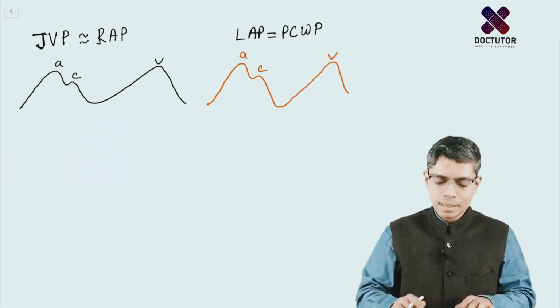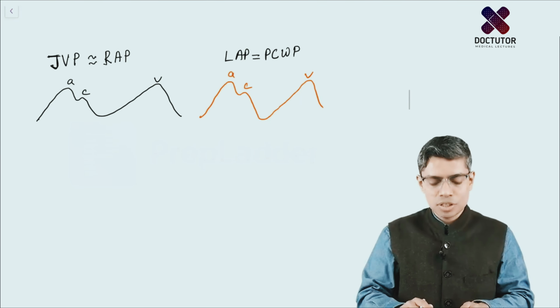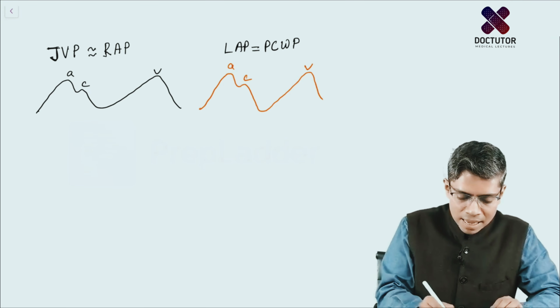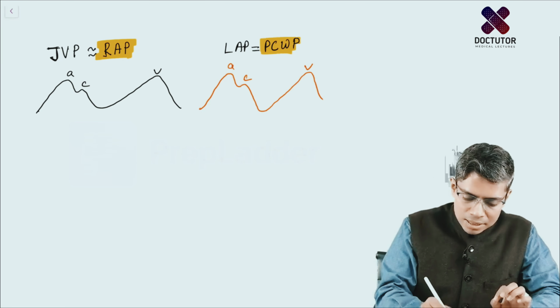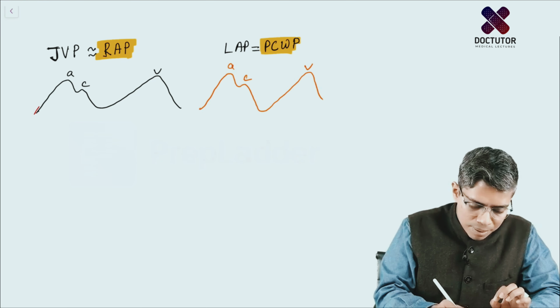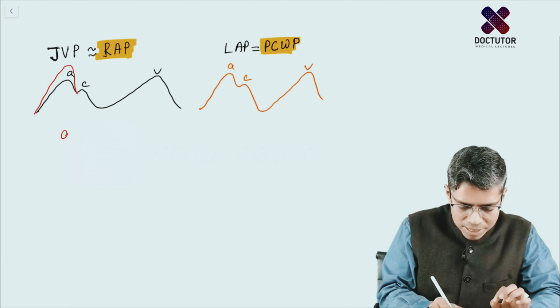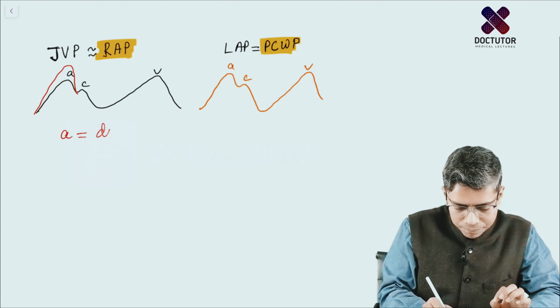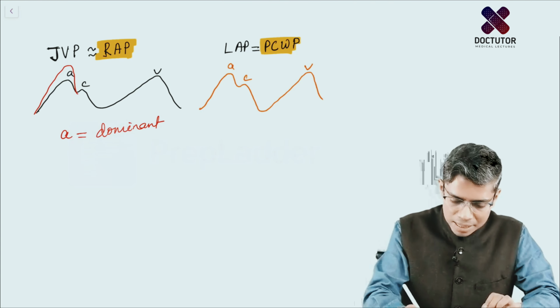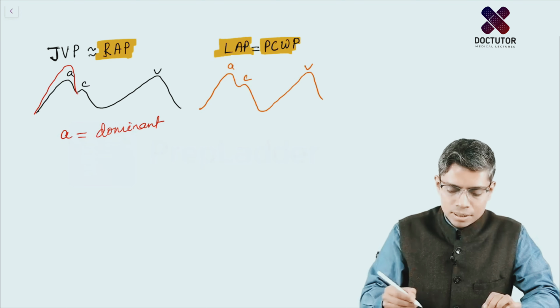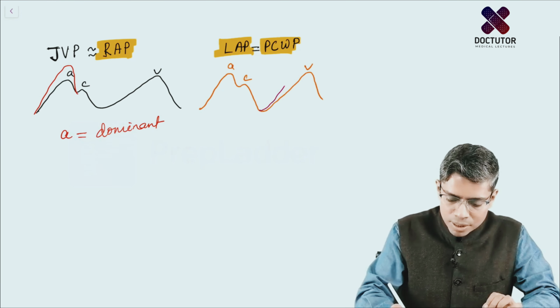But the difference between these two, the right atrium wave and the left atrium wave, is that in the case of the right atrium wave, the A wave is the dominant one. So I am writing here, A dominant, right? And in the case of left atrium pressure change, this is V wave dominant.